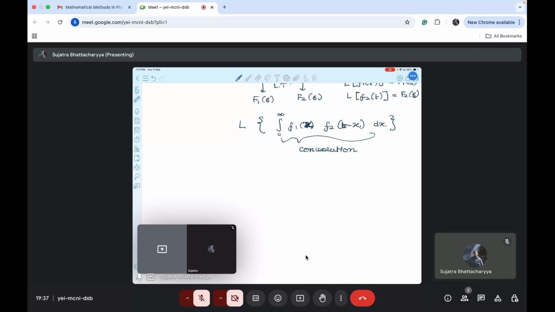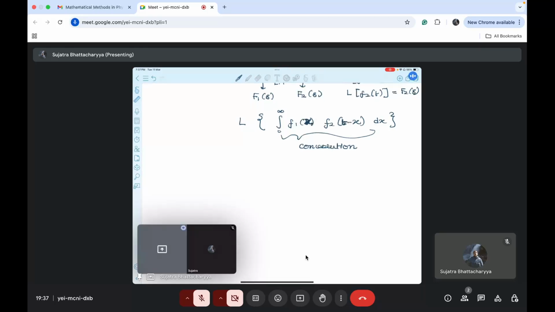Now the Laplace transform of this is actually F1(s) into F2(s). So what does it show? It shows that in the original domain, like time domain or space domain, if you perform a convolution, you have to calculate the entire thing.